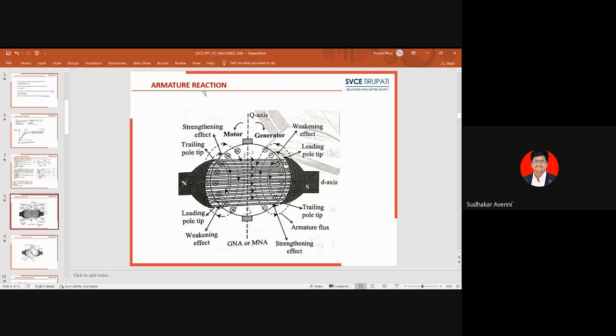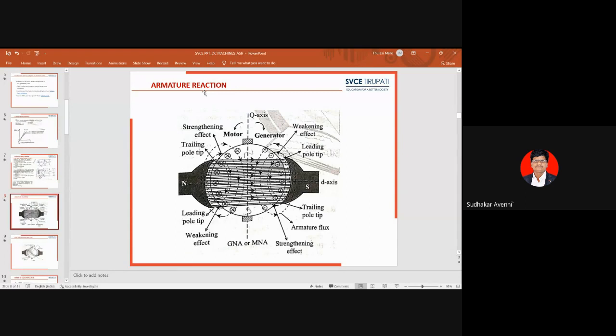See here, when does this armature reaction exist? Suppose there is no load, which means no current flowing through the load, so automatically there is no armature current. The armature flux is zero. There is no armature reaction. So armature reaction exists when the load is connected.